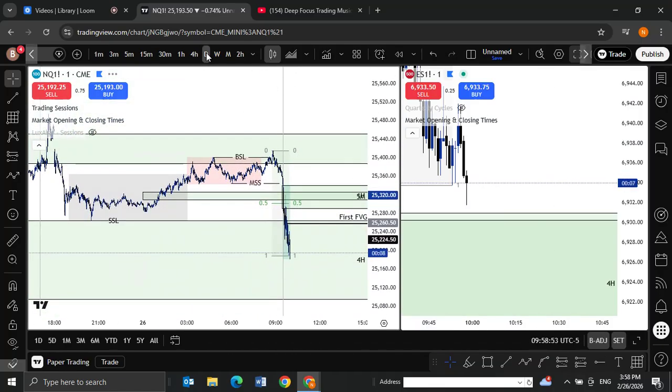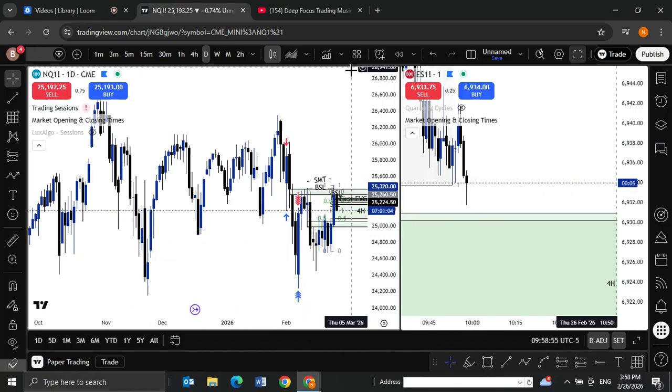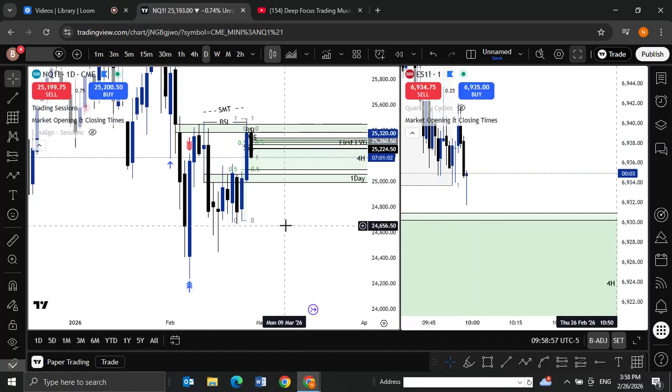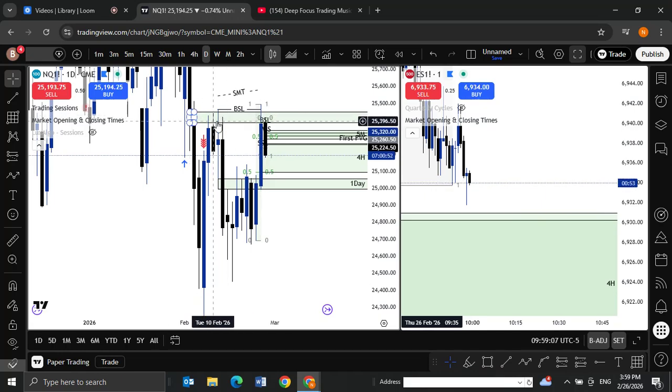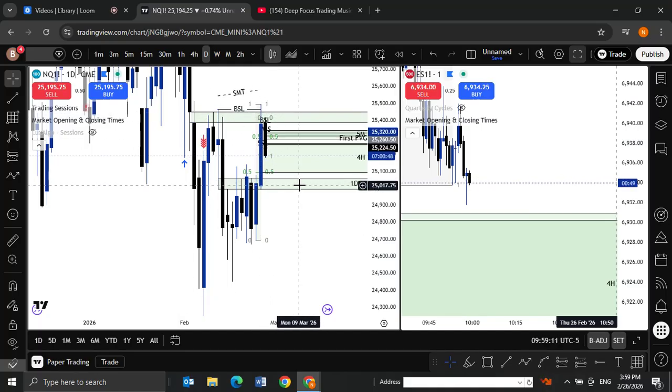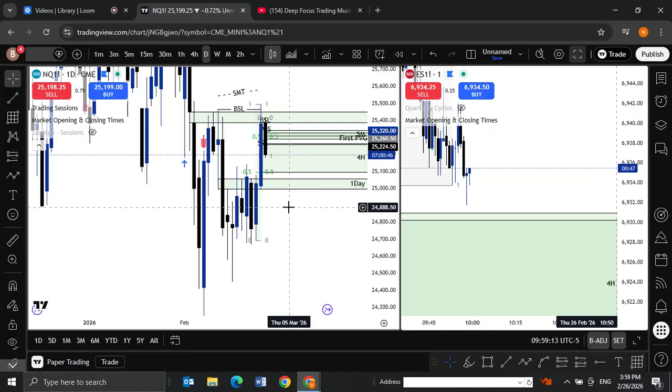Currently we're in the range because price inverted the daily, but at the same time it took this buy side and rejected from this volume imbalance one more time. We had multiple rejections from this volume imbalance, indicating it is an extremely valid and strong area.